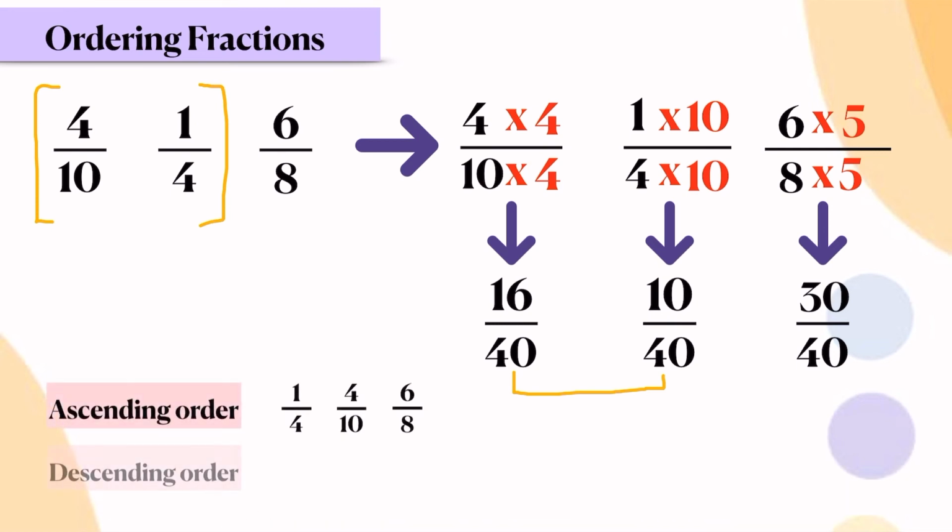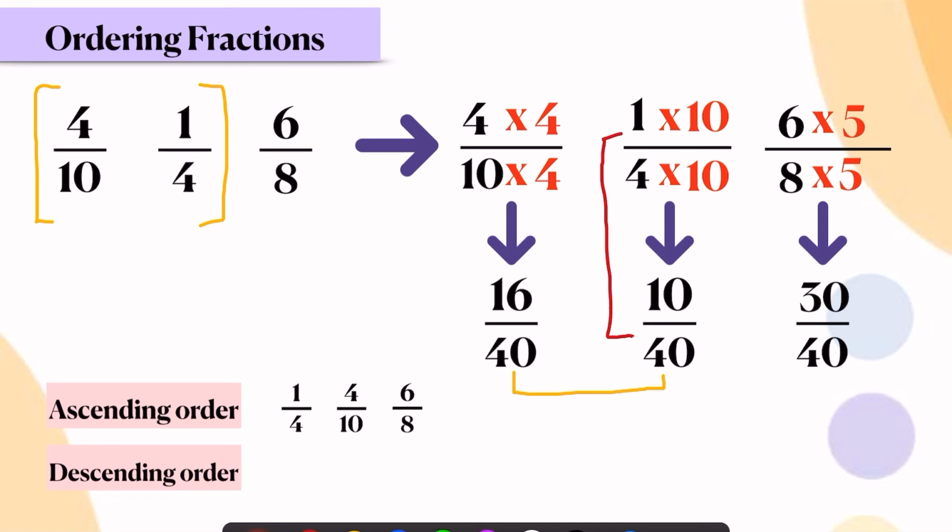Ascending order. Do you remember? Ascending order is when you order from the smallest to the biggest, right? So the smallest we have is 1 over 4. What is bigger than 1 over 4?